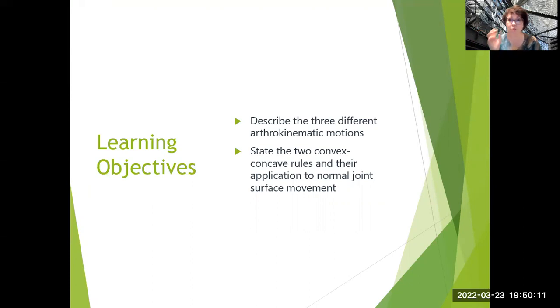The reason we want to know about arthrokinematics in the clinic is when we're doing joint mobilizations. Which direction do we need to move the bone in order to get the joint surface movement that we want? So right now we are planting the seed of arthrokinematic movements. Later on, the flower will bloom, in your manual therapy lab when you're talking about joint mobilizations.